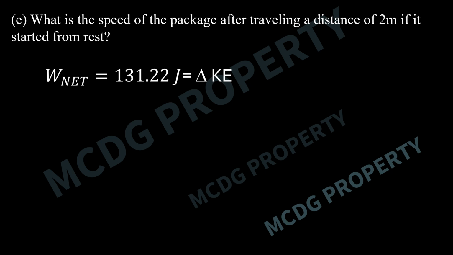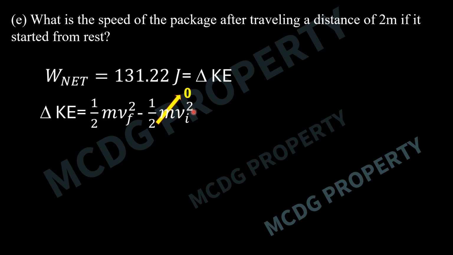And from the work-kinetic energy theorem, the total work done is equal to the change in kinetic energy of the object, which is the final kinetic energy minus the initial kinetic energy.